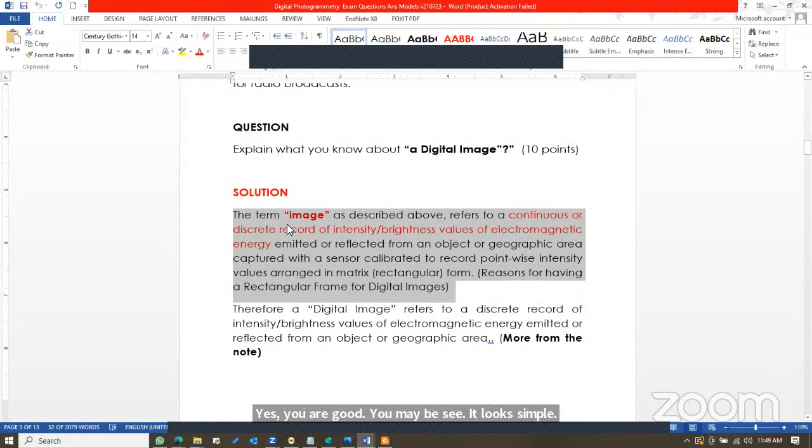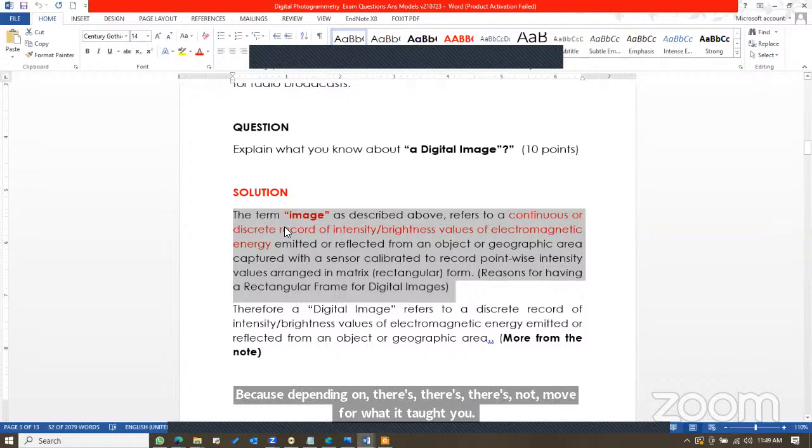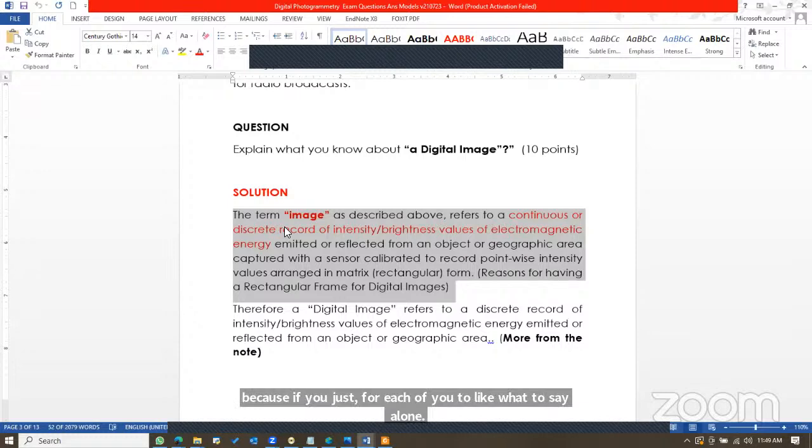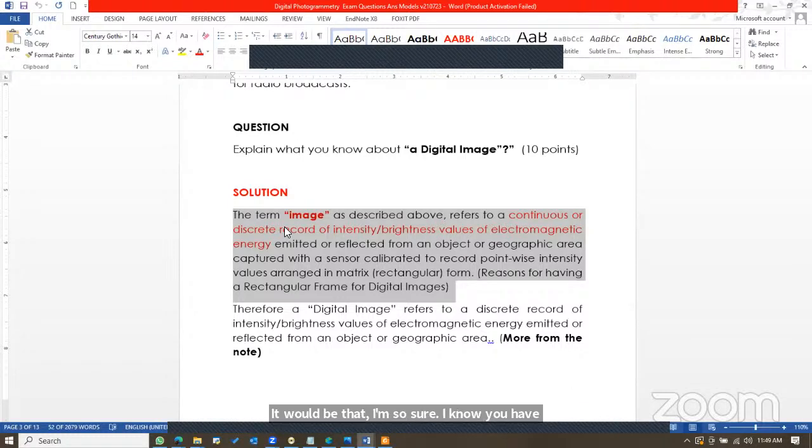Because depending on the examiner's mood, the examiner will look for what he taught you. He will look for how well you understood it. Because if it were just for you to write what is there, some people may cheat. I'm so sure some people will carry in what you call data. I know you know what a smartwatch is.